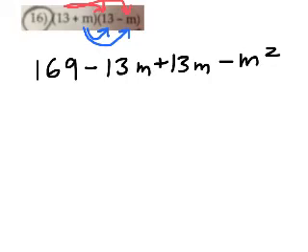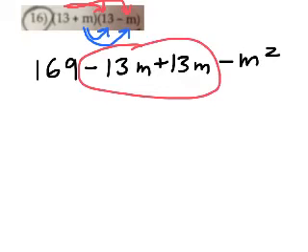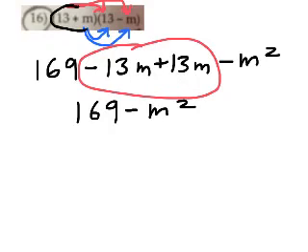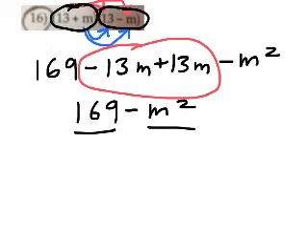Now notice these two middle terms cancel themselves out, and so we get 169 minus m squared. Now, if you notice in the beginning, this problem, with this times this, becomes the difference of two squares, 169 and m squared.